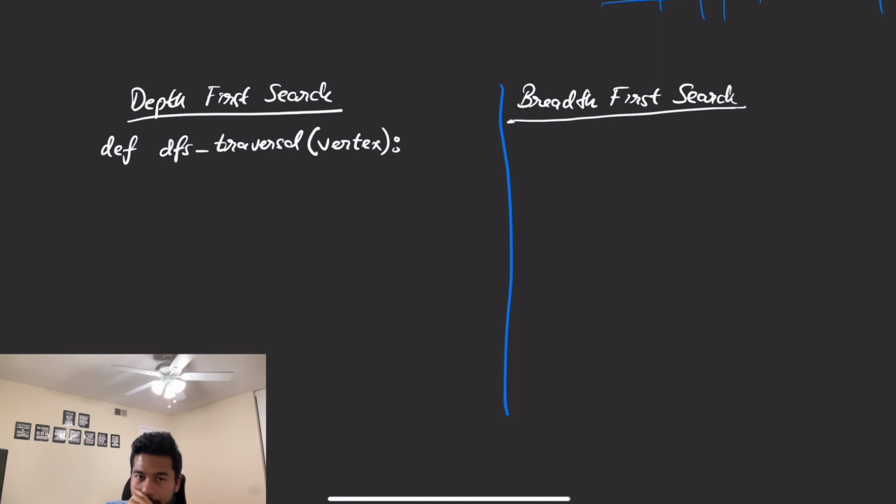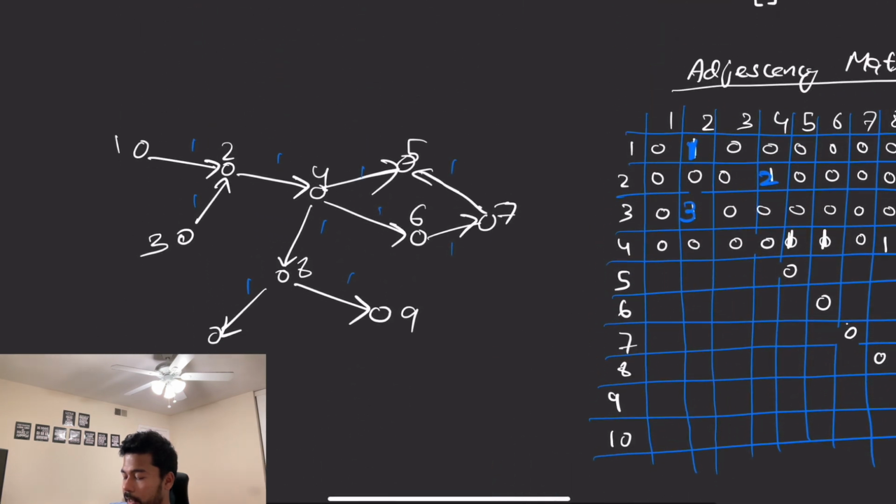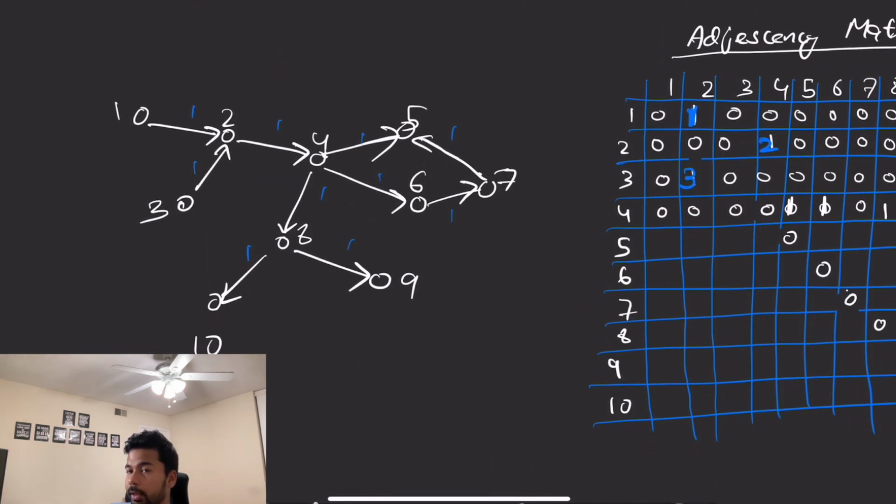As we begin to write this recursive function, you run into the problem that this is a directed graph, so that's fine. But if you had an undirected graph, 1 would be the neighbor of 2, and 2 would be the neighbor of 1. So the first neighbor of 1 is 2, but the first neighbor of 2 is 1.